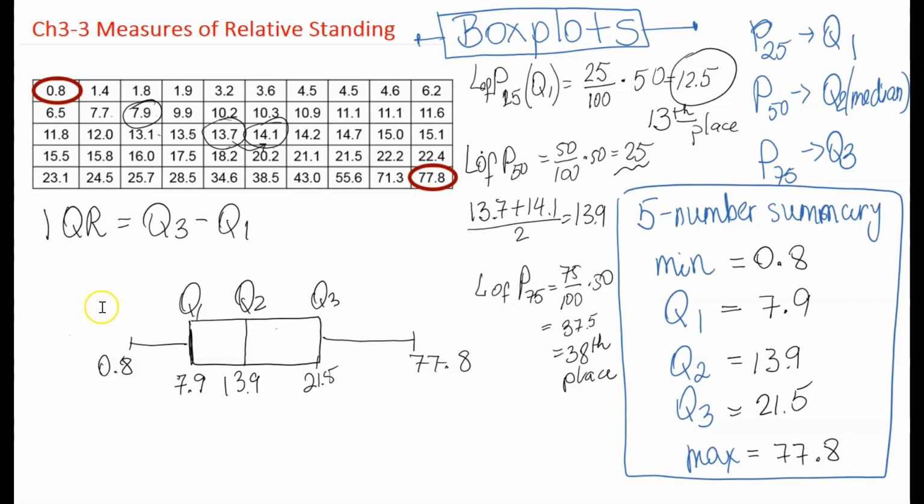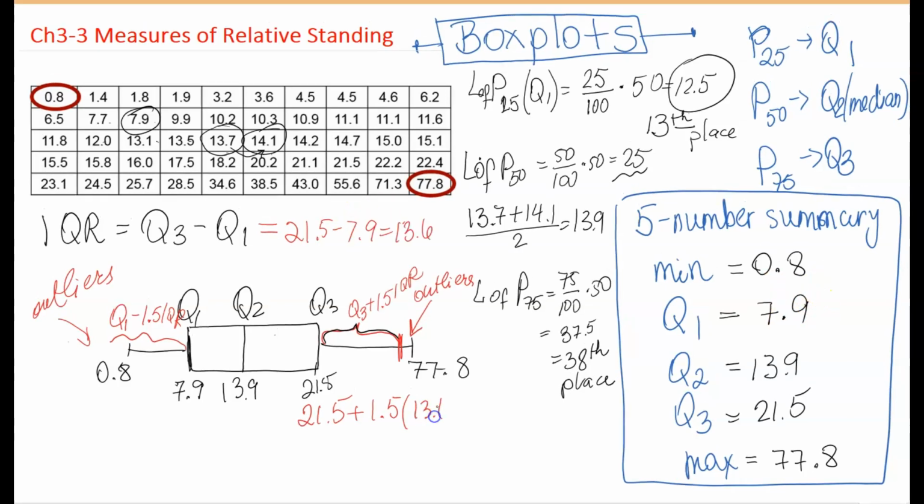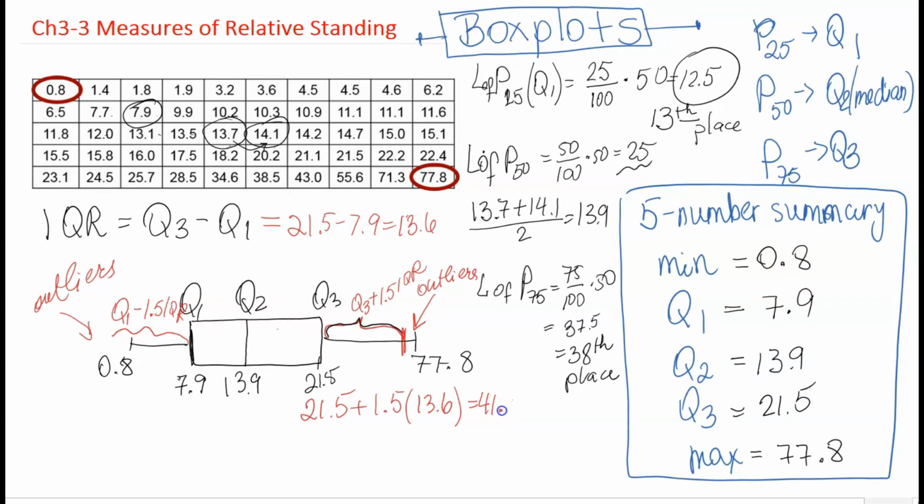Let's determine the lower and upper cutoff scores for the outliers in this dataset. To find the outliers, we find 1.5 of the IQR and add it to quarter 3, 21.5. The interquartile range of this dataset is 21.5 minus 7.9, 13.6, and the cutoff is 41.9.